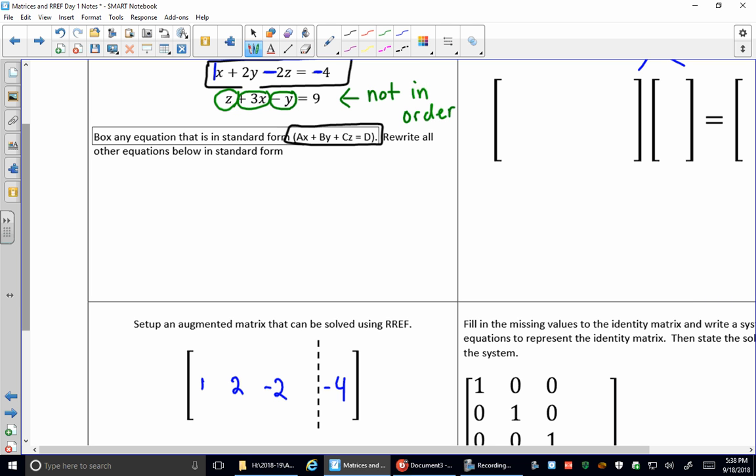So here we can say we want the x term to go first. Then we want the y to go second. It's a positive z, and we want z to go third. And it equals 9 on the other side. So what we get here is, and it may be helpful to come and write that one coefficient, 3, -1, +1, and 9.